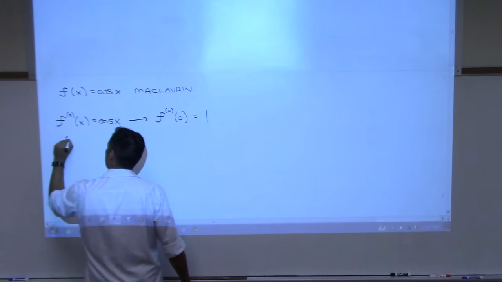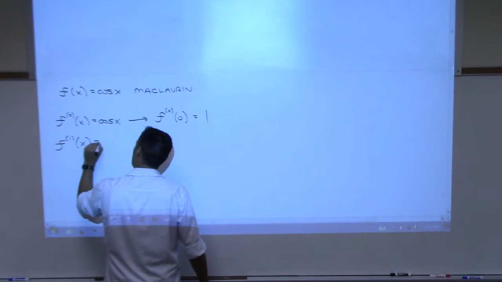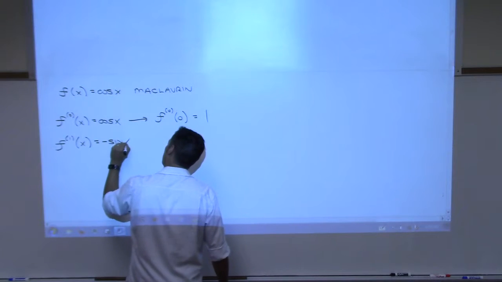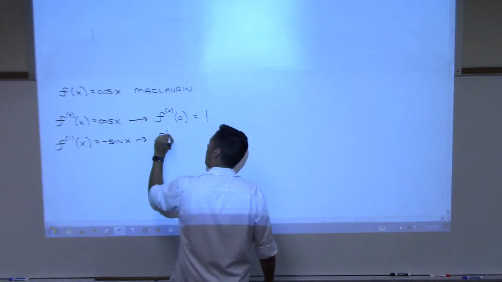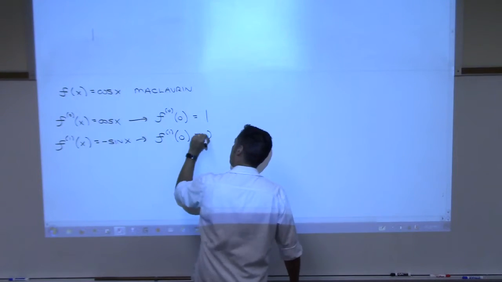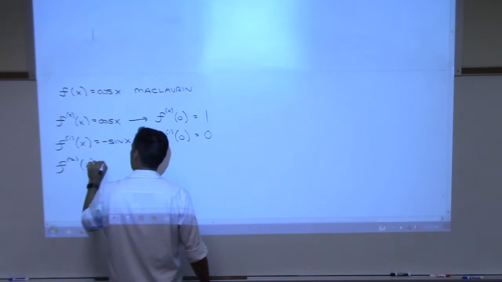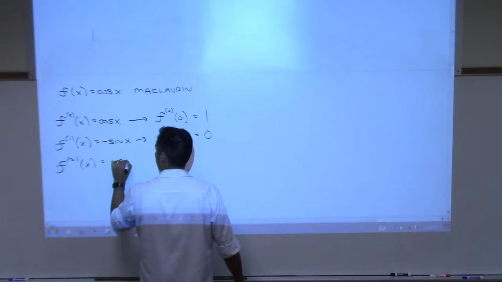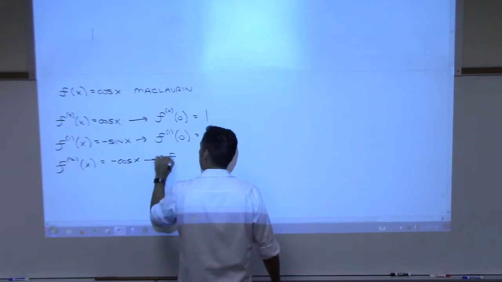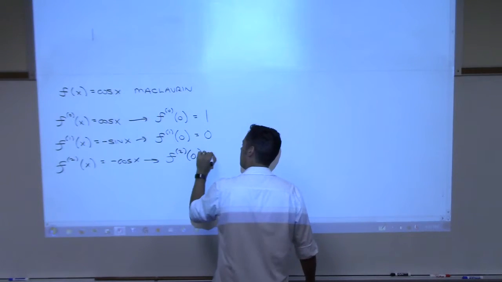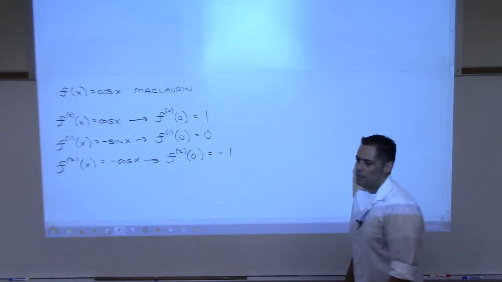Now take the first derivative, negative sine x. Plug in 0, 0. Take the second derivative, negative cosine x. Plug in 0, negative 1.